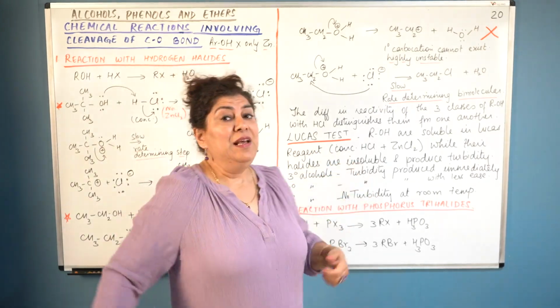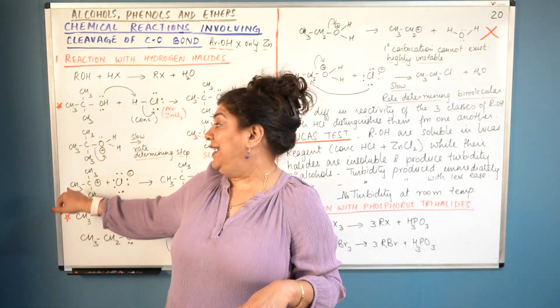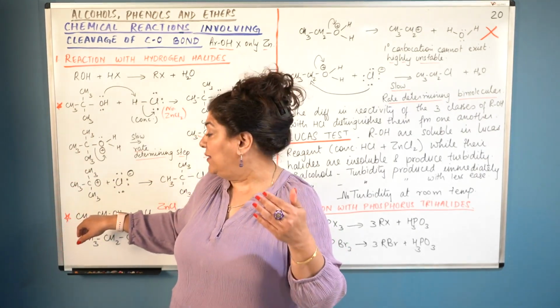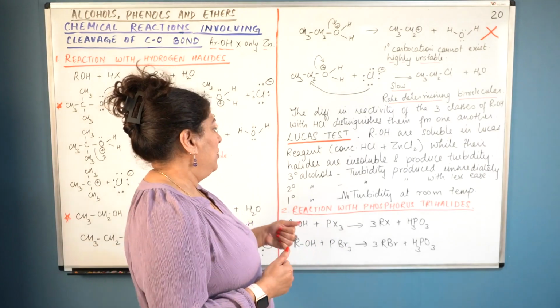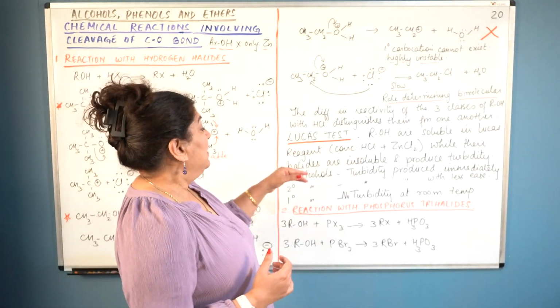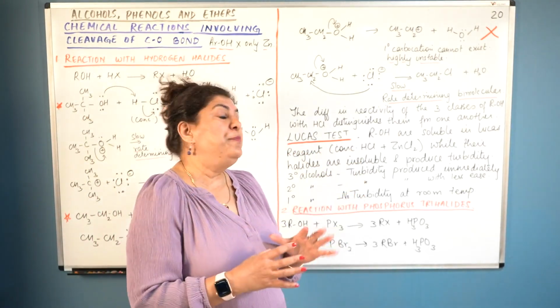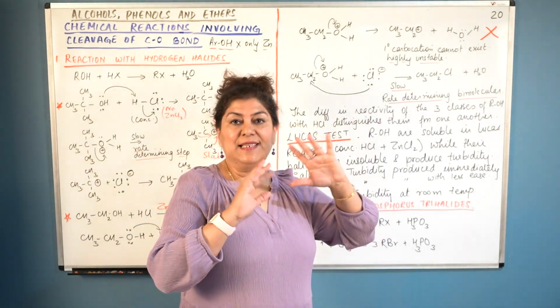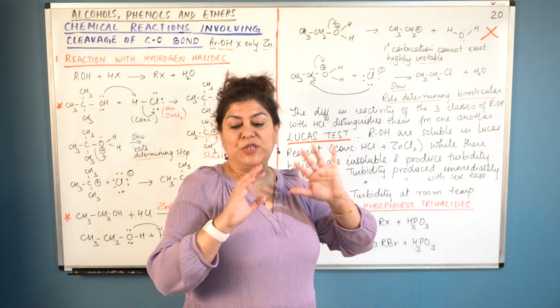But the halide will be formed the fastest in the case of a tertiary alcohol, slightly slower in secondary alcohol, and the slowest in a primary alcohol. Their halides are insoluble and produce turbidity. Turbidity means a milkiness, that is, the solution becomes unclear.